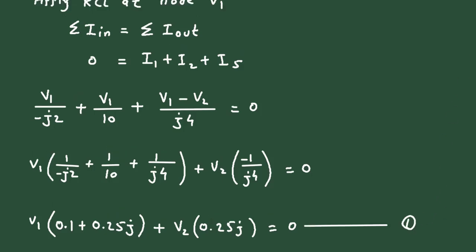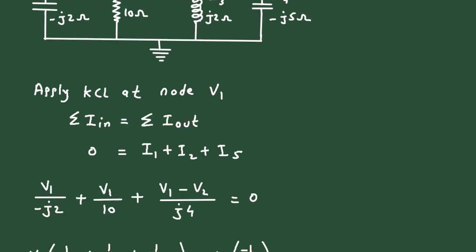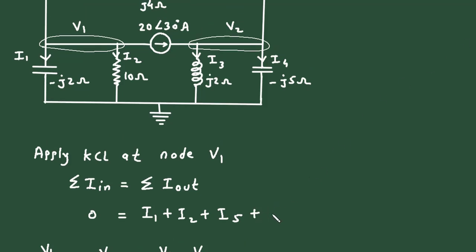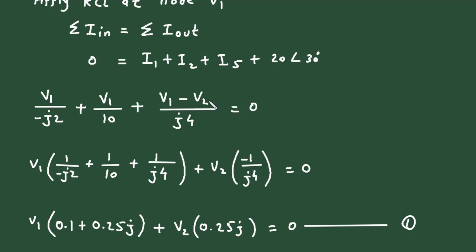Now next, at this node we can see that this 20 at an angle 30 degree ampere is a leaving current, so we forgot to add this current. Here we have to add plus 20 at an angle 30 degree, so plus 20 at an angle 30 degree is equal to 0.